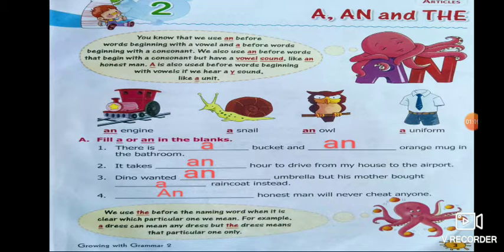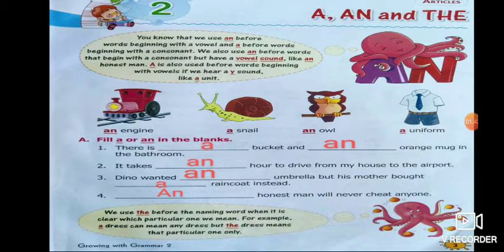Here, the spelling of honest: the first letter is H, and that is a consonant, and after that H, O is the vowel. So we have to say an honest, not a honest, right?